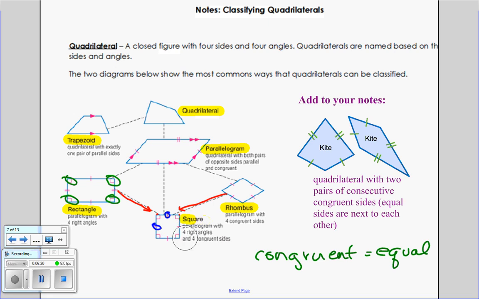All right? So when we're looking at this flow chart, you're going to be answering some questions about sometimes, always, and never. Is a rectangle sometimes a square? Is a square sometimes a rectangle? What we're looking at here, starting at the top with quadrilateral. All right, a quadrilateral sometimes is a trapezoid and sometimes is a parallelogram.